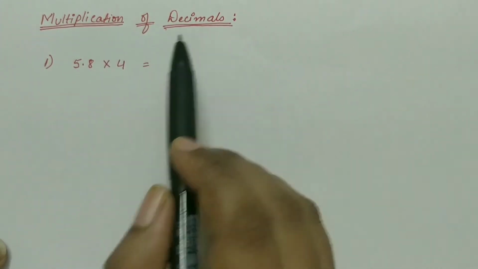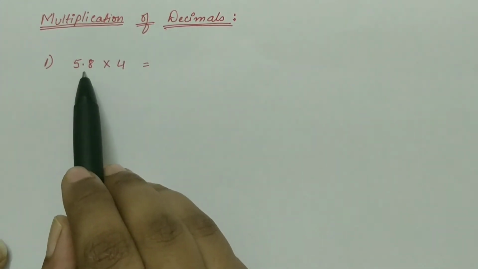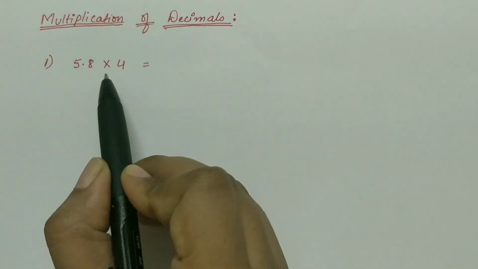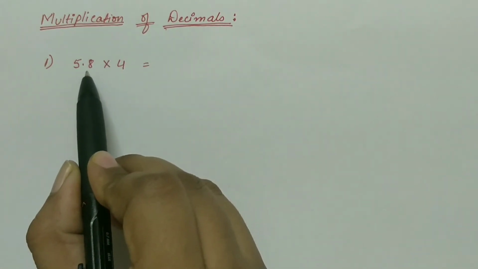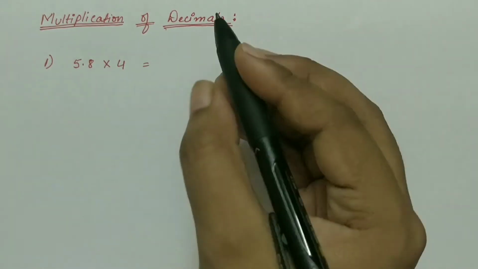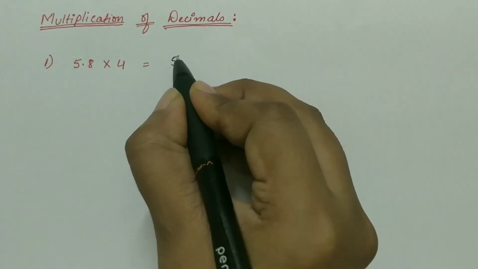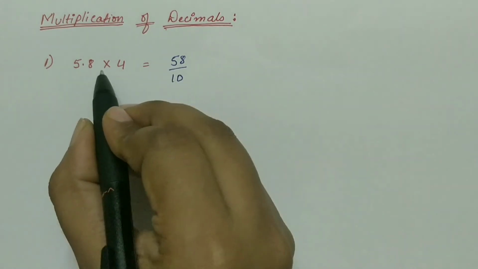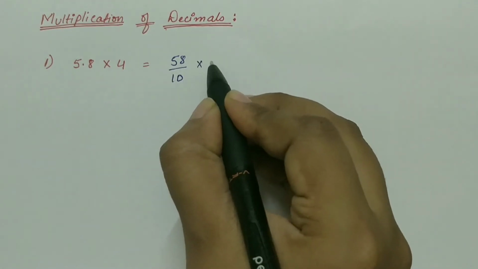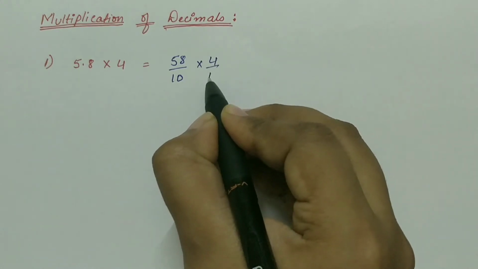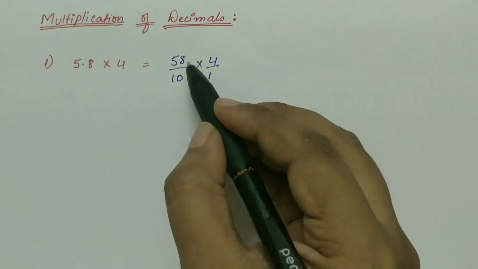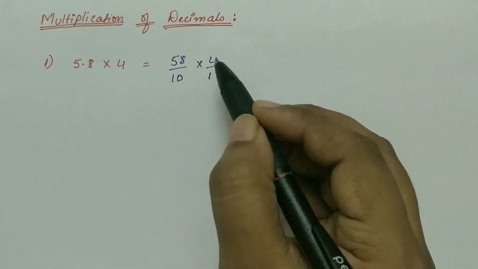Multiplication of decimals. First one, 5.8 into 4. To multiply, first convert into a fraction. 5.8 can be written as 58 divided by 10, into 4. We can write 4 as 4 by 1. Now it became fraction into fraction.